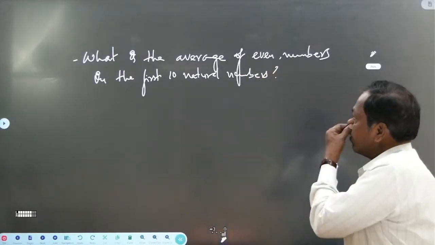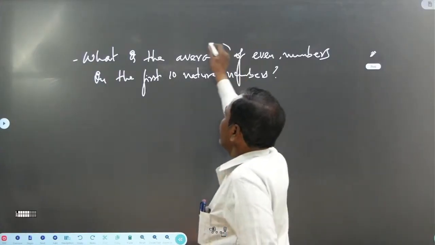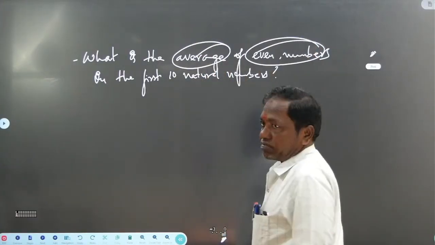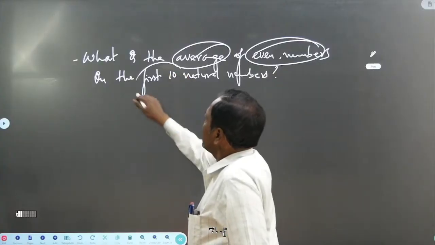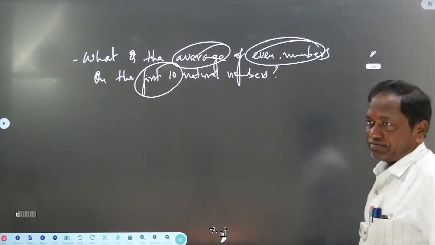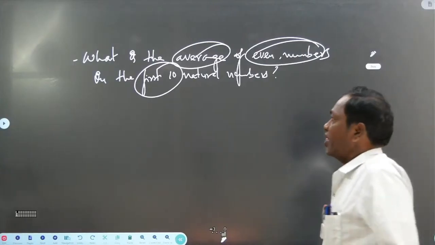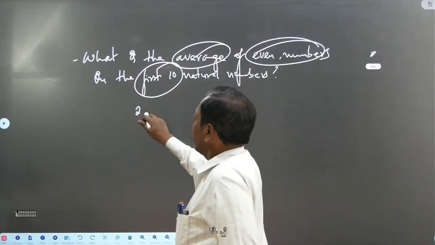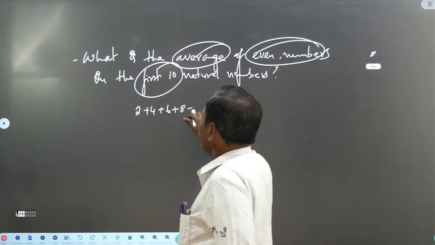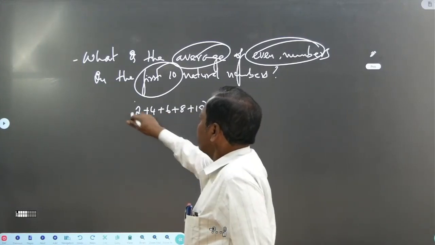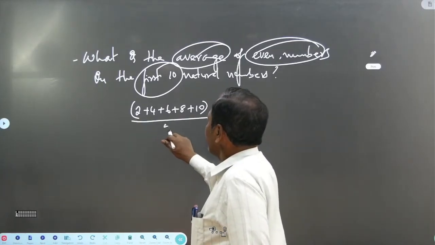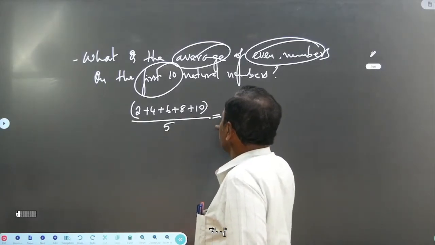So, what is the average? Average is required of even numbers in the first 10 natural numbers. You write 1 to 10 even numbers: 2 plus 4 plus 6 plus 8 plus 10. You get the sum, divided by 5. Then you get the average.